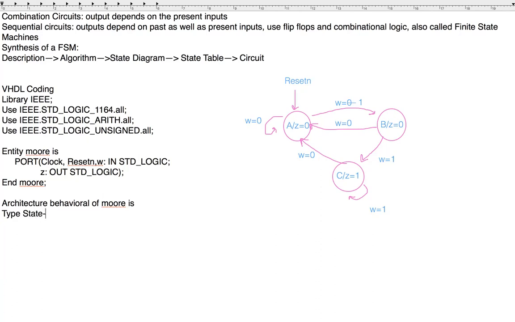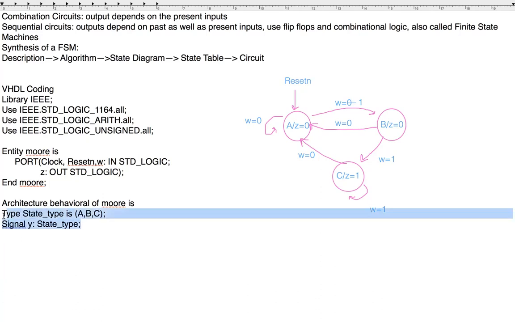Type state_type is A, B, C, with commas in between to separate the states. Then signal y: state_type. So we declare y as a state type, and part of that state type is A, B, and C, because that value can change.